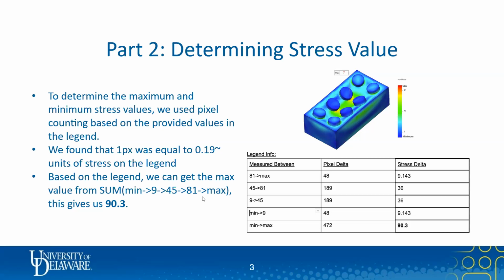We found that 1 pixel is equal to about 0.19 of whatever the units of stress on the legend might be, which we later found. From that, we could find the total max, unitless, which was 90.3.